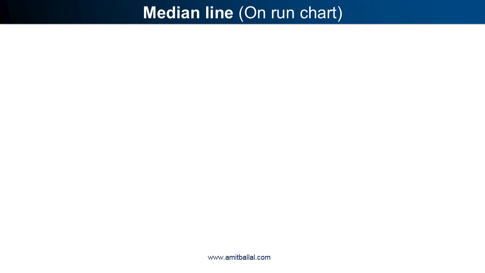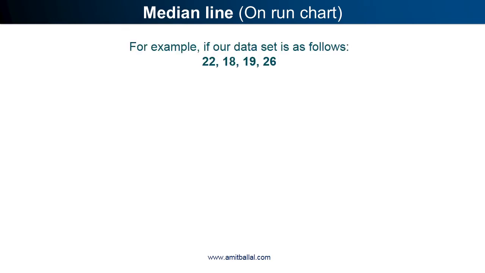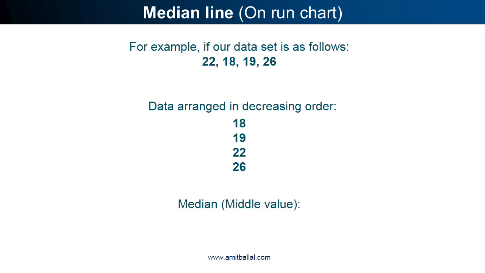In the above case, the number of readings was odd, hence the middle value, that is, median, was clearly visible. But, what if the number of readings is even? For example, let's take another data set, which includes 22, 18, 19, 26. In this case as well, we will have to arrange the data in order as follows: 18, 19, 22, 26. We can observe that there is no middle value visible.